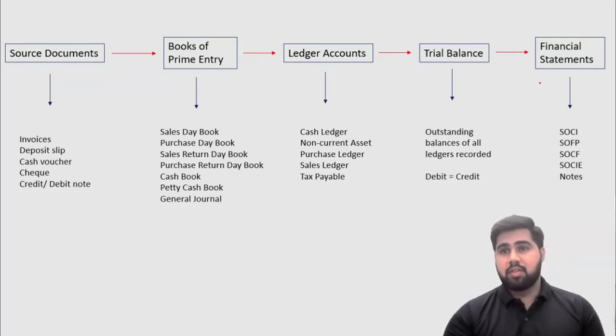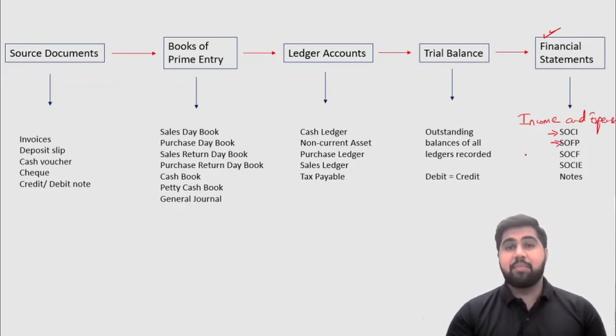It's called financial statements. SOCI, Statement of Comprehensive Income. It's income and expenses. All right? SOFP, Statement of Financial Position. It is assets equals capital plus liability, right?